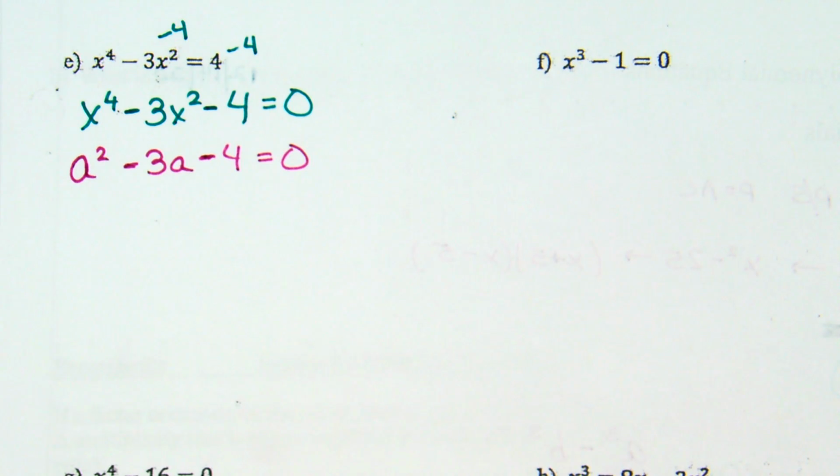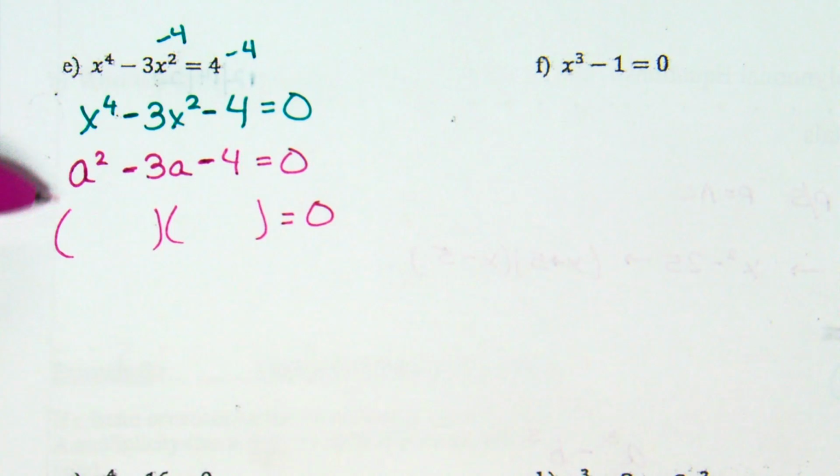If I think of it like that, can we factor? This is in our form, x squared plus bx plus c. So what do you know about a squared for right now? A squared breaks up into a times a. And then you need numbers that give you what?